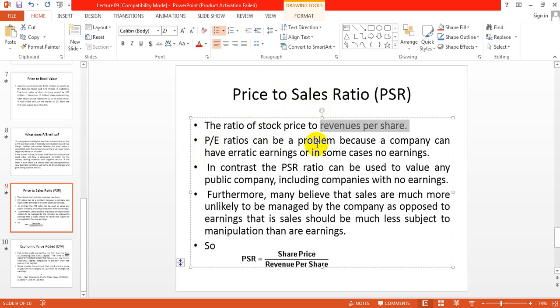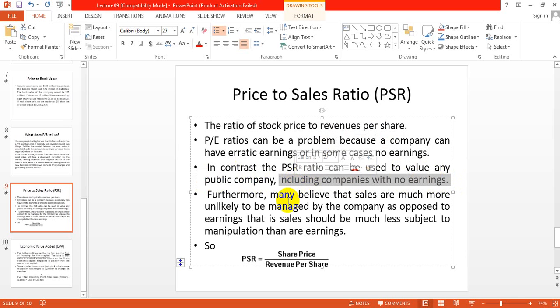The PE ratio can be a problem because a company can have erratic earnings. Maybe they will earn too much, or in some cases no earnings. If there are no earnings, then it will be a problem. In contrast, the PSR ratio can be used to value any public company, including companies with no earnings.